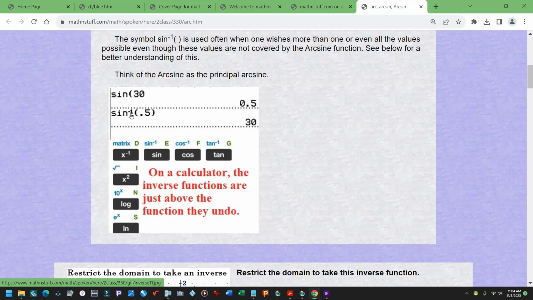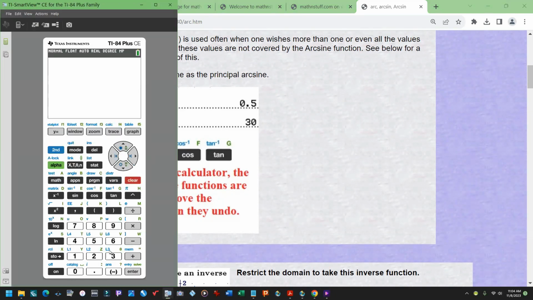And that arc sine function is sitting just above the sine, and the arc cosine is above the cosine, and the arc tangent is above the tangent, just as the square root is above its inverse, the square. The 10 to the x is above its inverse log base 10, and e to the x is above its inverse natural log. So let's turn on the calculator.